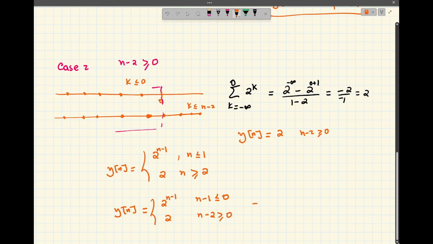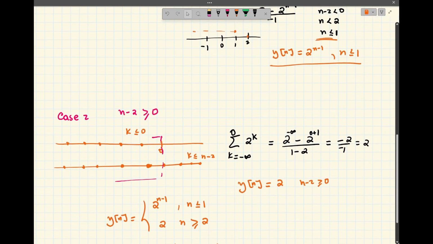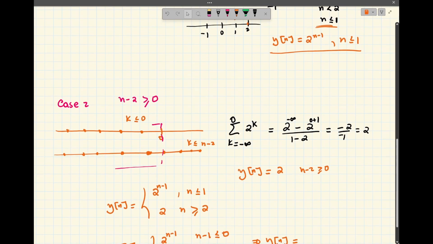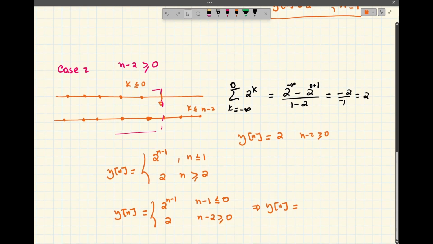So which is essentially y of n equal to, so here we have n minus 1, yeah, less than, okay.